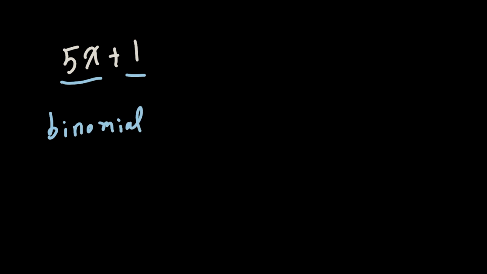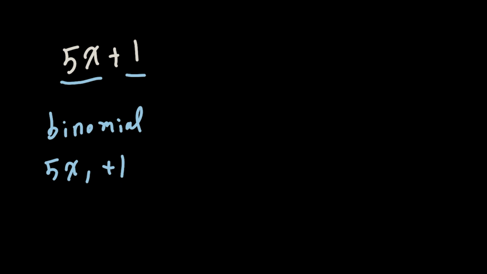So the next case is 5x plus 1. If you just notice here, we have 2 terms, so we are calling it a binomial because we have just 2 terms. And the terms are 5x and plus 1.